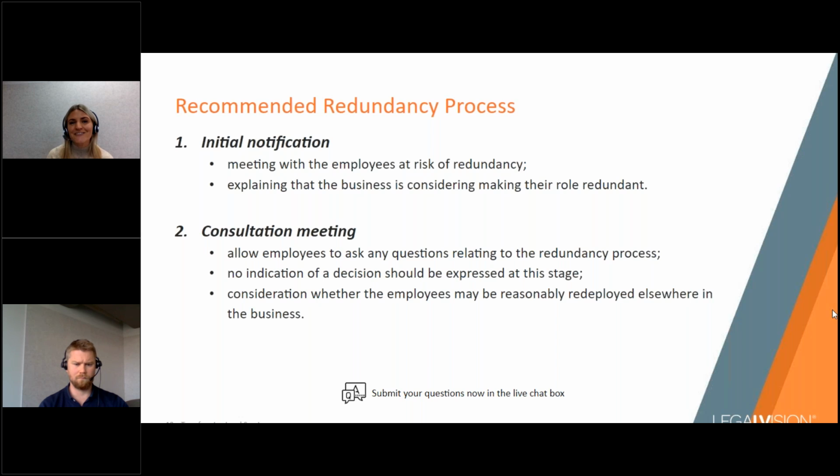This will typically involve inviting them to an initial meeting where you explain to them that due to changes in operational requirements, the business is considering making their role redundant. It's really important to stress that at this point, there is not a concluded outcome, and the employee is simply being notified of the possibility of the redundancy, okay?